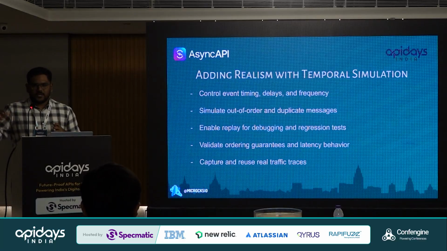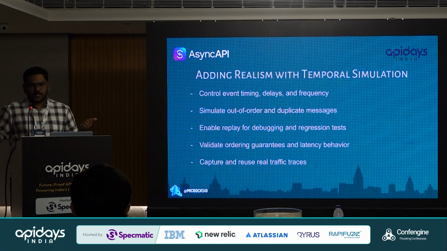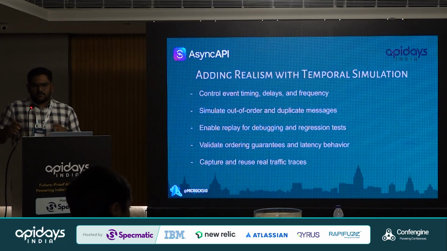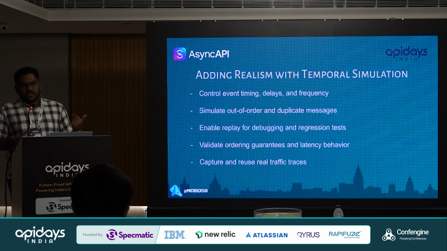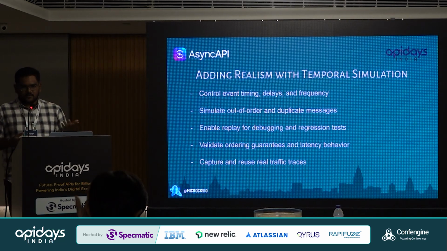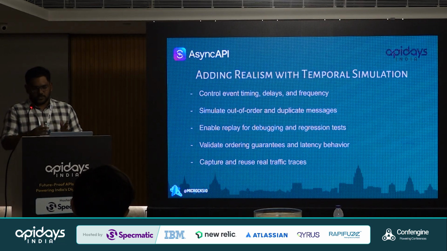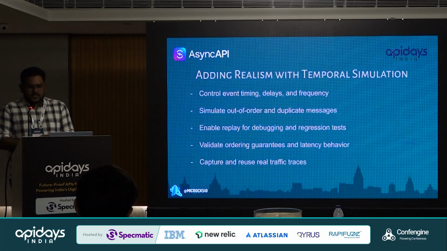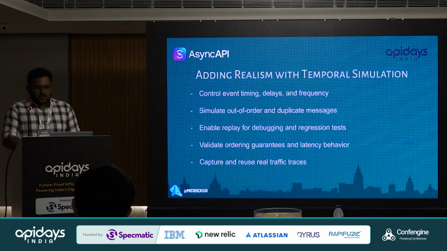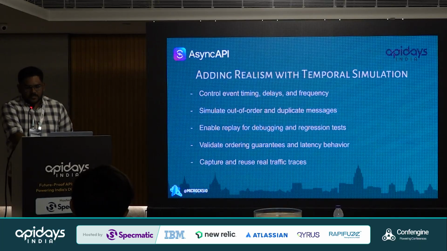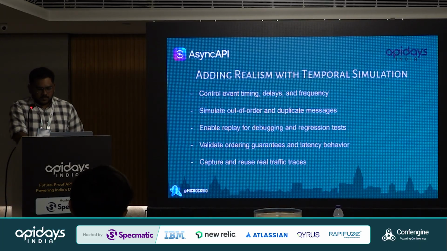We can define that on the occurrence of a particular event, another will get called, and define timings, the frequency at which a particular event occurs. We can also detect and manage duplication of messages, and then try to reduce it. Then we can enable replay and debugging for regression tests, and validate ordering guarantees and latency behaviors.